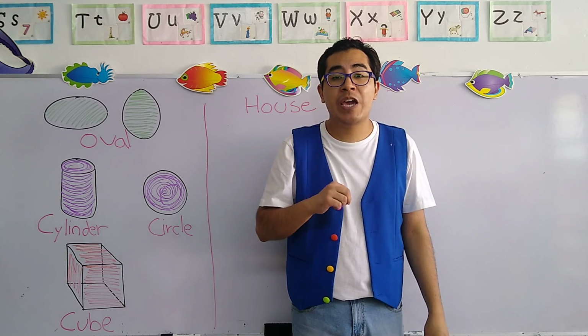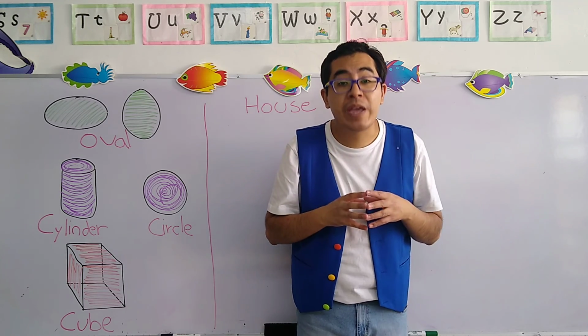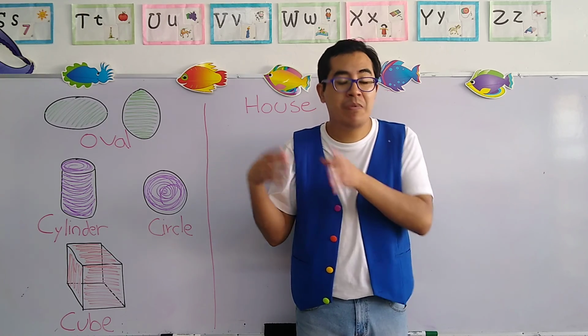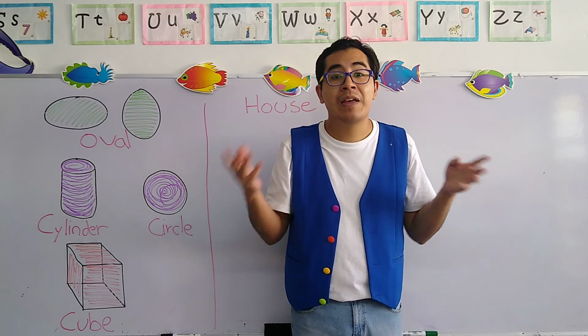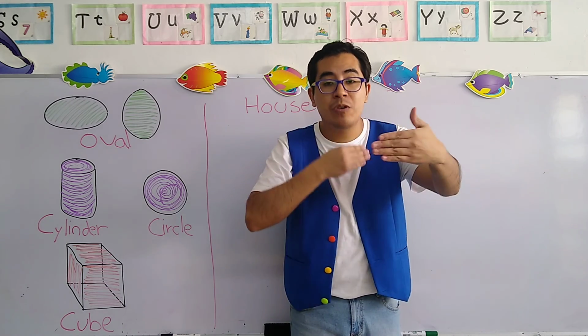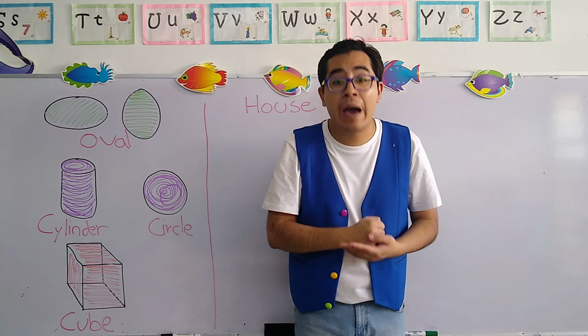For example, today we're going to try to create a house. Do you remember what is a house? House, in Spanish, means casa. Now, today with the teacher, we're going to work together to create, to draw, and to make a house.